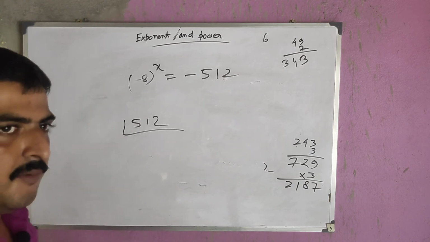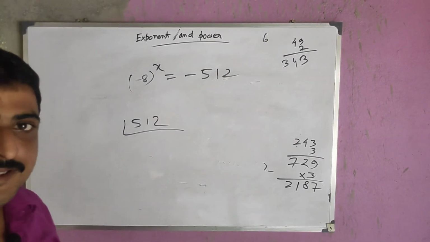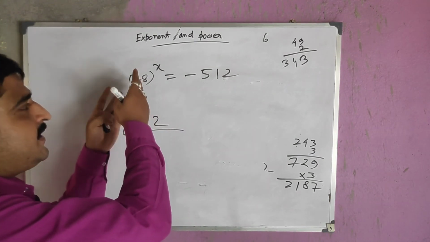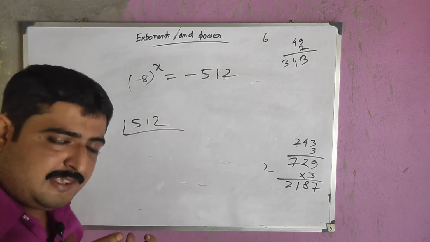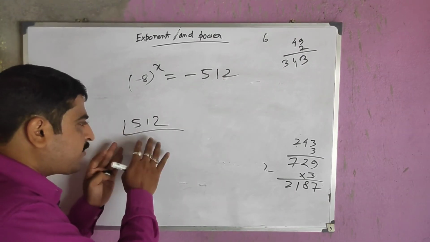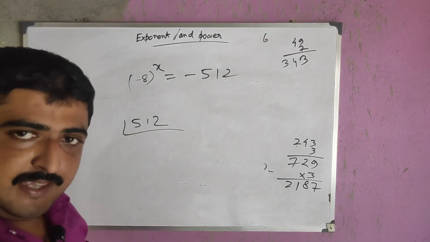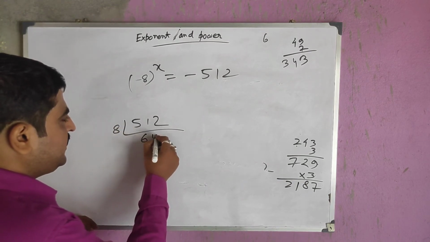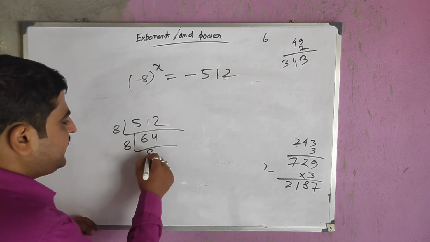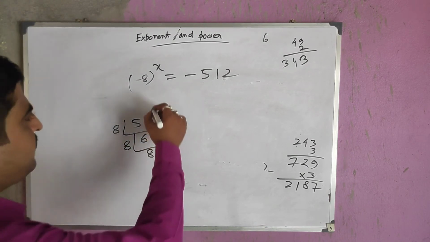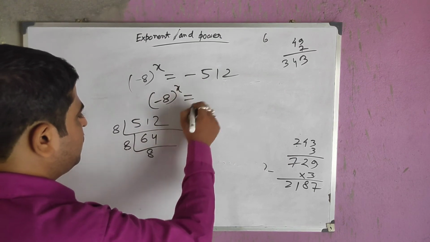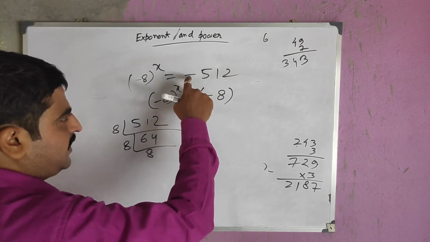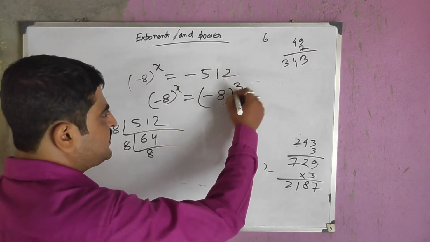Now previously I told you to apply the prime factorization method, but as here on the left side the base is 8, in this case you can factorize this number in terms of 8 only. 8 8s are 64. So how many times is this 8 coming? 3 times. So here the base should be minus 8, because minus is given, and the power is 3.